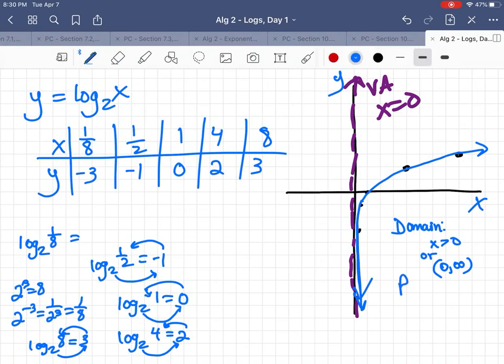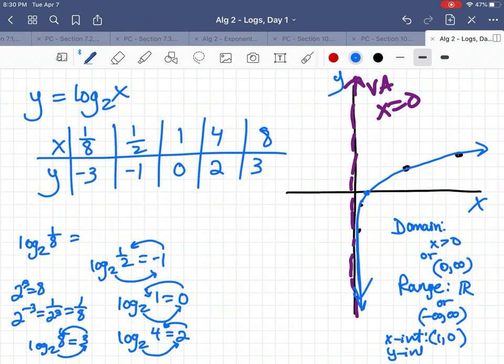All right, my range. Well, this graph goes down forever, up forever, so my range is all real numbers, or one might say negative infinity to infinity. All right, my x-intercept. So I'm going to see an x-intercept right there at 1, 0.